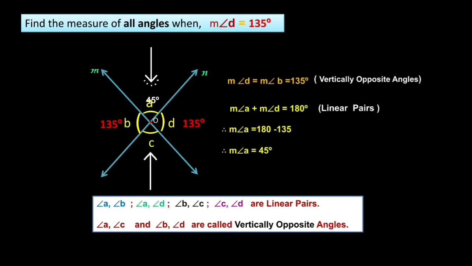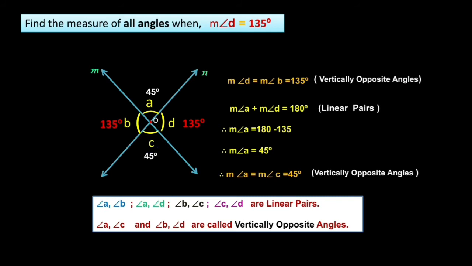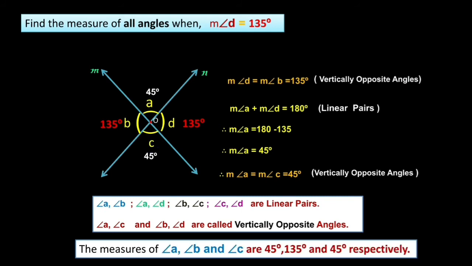Now, angle A and angle C are vertically opposite angles. Therefore, angle A is equal to angle C. So, angle C is equal to 45 degrees. And this is the magic of mathematics. When we knew only one angle, we have found all other angles by using relation between angles.